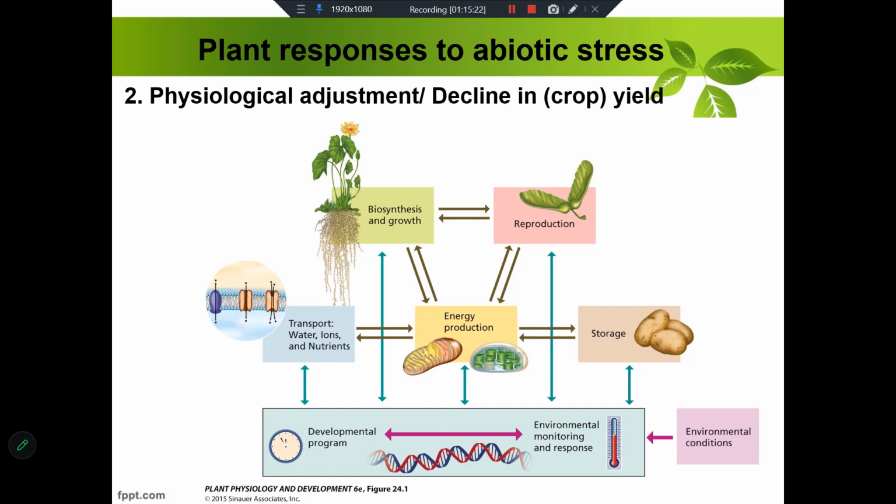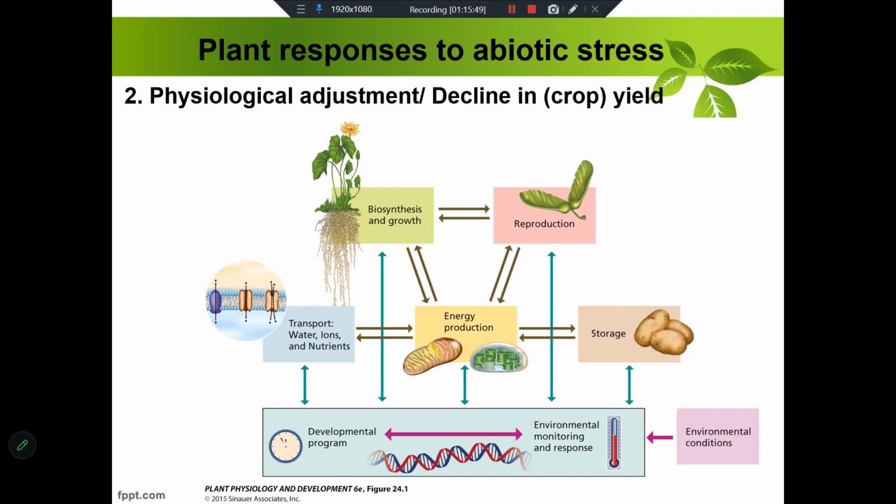For example, if it is a potato plant, and we are depending on the potato tubers, what will happen? The plant will allocate more energy for, let's assume, sexual reproduction, to make flowers and seeds, so you won't see many potato tubers.